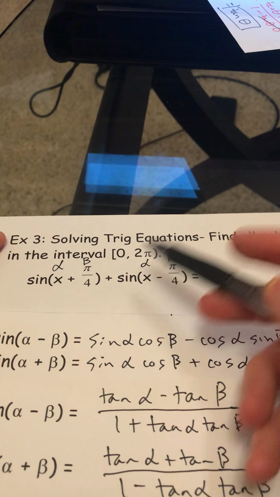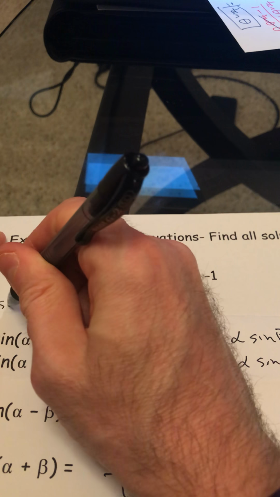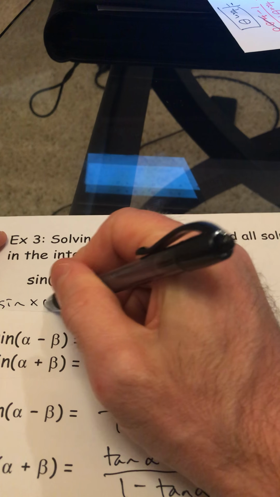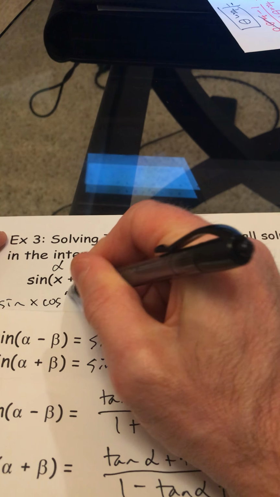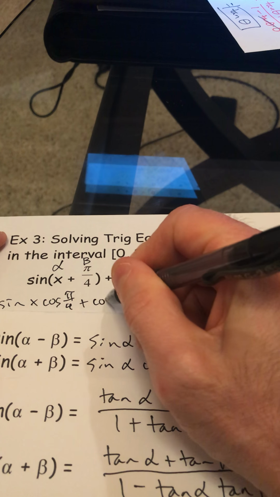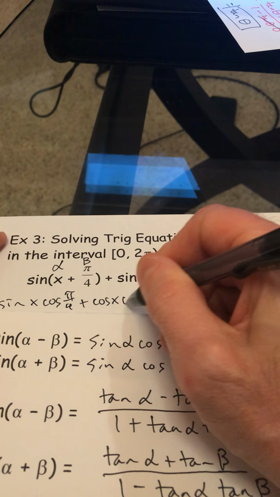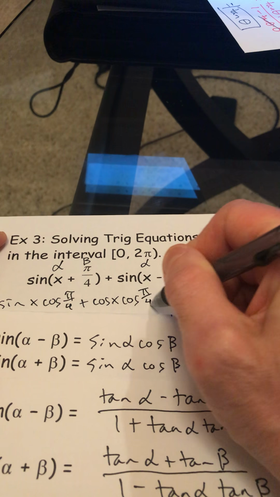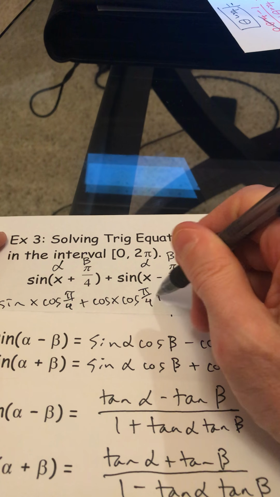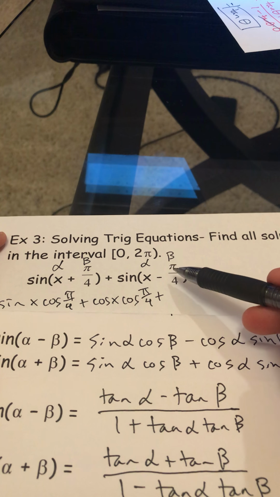So for the sum, that's going to start out sine x times cosine pi over 4 plus cosine x cosine pi over 4.